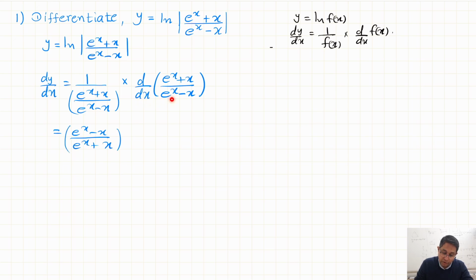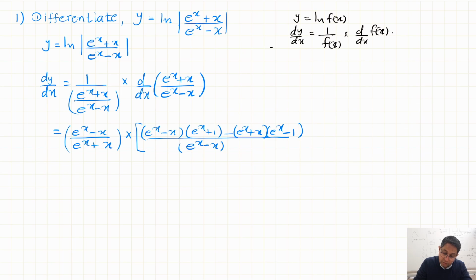Now you have to differentiate this function here, so you have to use the quotient rule. According to the quotient rule, it's (e^x - x) times the derivative of this function minus this function times the derivative of this function, over the square of (e^x - x).